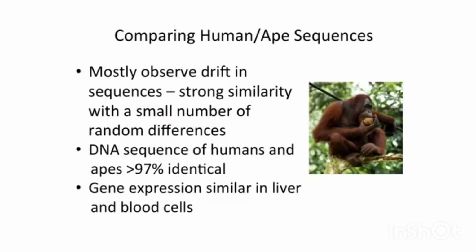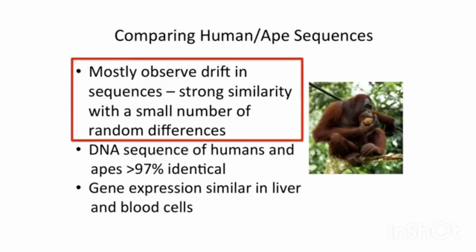Our ability to determine DNA sequence allows us to compare this genetic information across organisms as well as between individuals. It is interesting to compare human and ape sequences, as what we see is drift in the sequences, with strong similarity and some random differences, and perhaps some very specific differences, as we'll see.